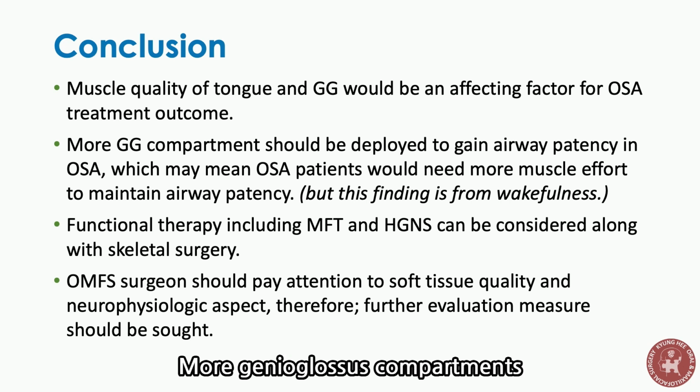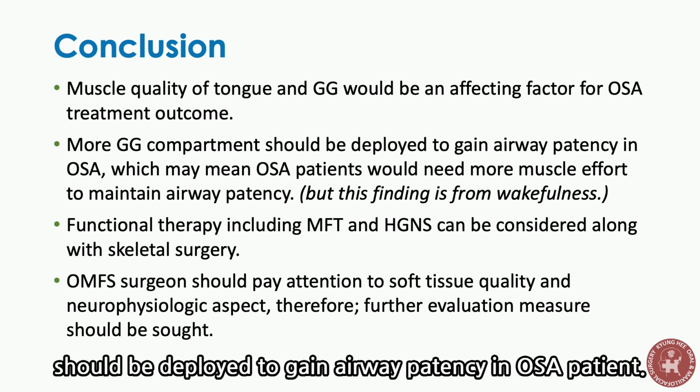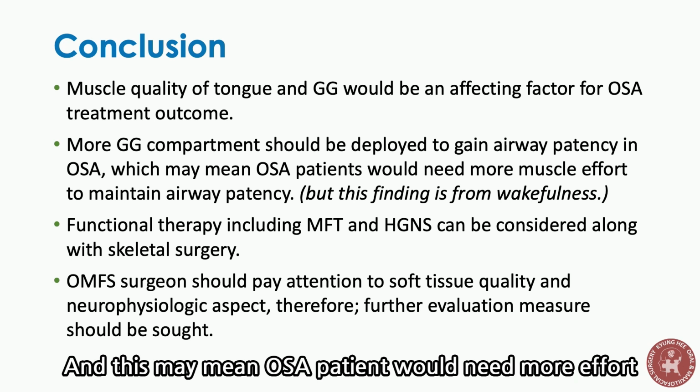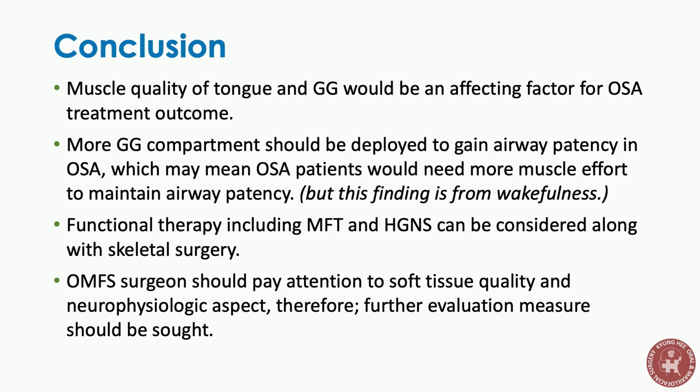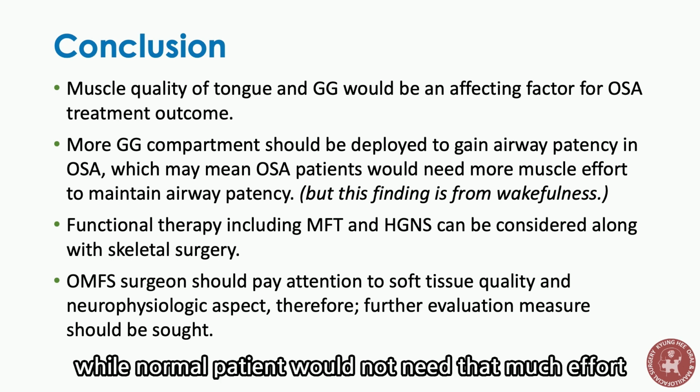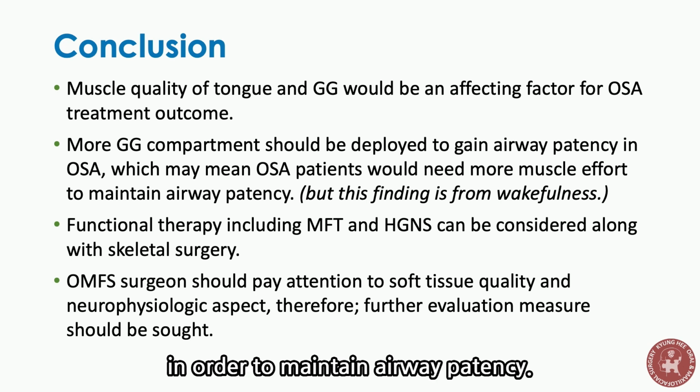More genioglossus compartments should be deployed to gain airway patency in OSA patients, and this may mean OSA patients would need more effort in order to maintain airway patency, while normal patients would not need that much effort.